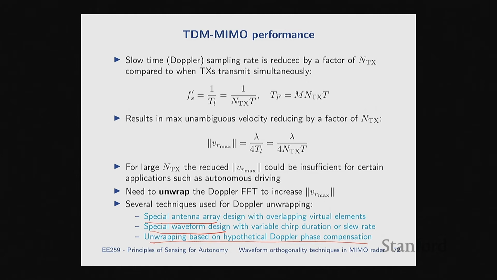A big limitation associated with FFT is that the maximum velocity you can detect is tied to the sampling rate. But there are other algorithms which don't operate that way, and they can recover large velocities in the case of TDM MIMO. So again, TDM MIMO is a very easy technique to give you separability or orthogonality between the transmitted waveforms in the case of MIMO, but this is the first limitation of it.